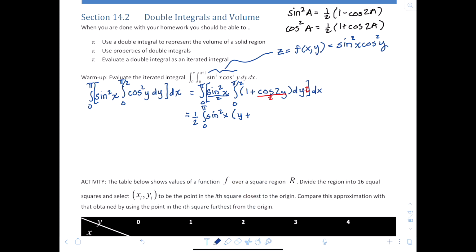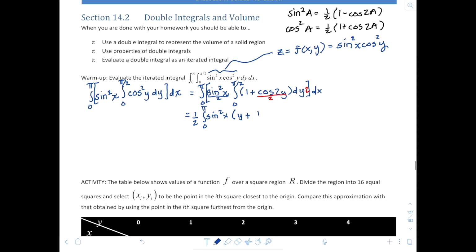And that will give us y plus 1/2 sine 2y. That's going to go from y equals 0 to y equals pi over 2. And then all of this we will have to integrate with respect to x. Groovy?